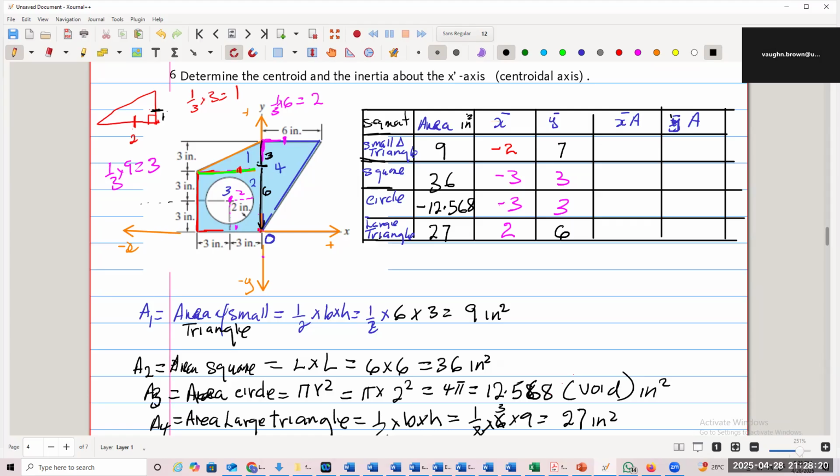All right, so let us multiply in the table now. So 2 times 9 is minus 18. 9 times 7 is 63, positive. All right. Next one now is what? 36. The one here was 36, right?